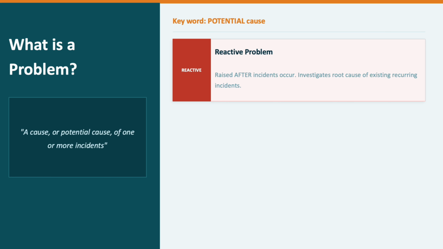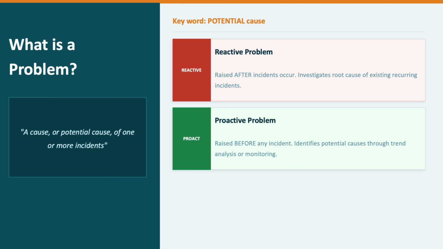It happens once the ticket has come in, multiple tickets have been seen, and afterwards the team investigates deeply, identifies the cause of those incidents and resolves it. Then comes the proactive problem. This is one of the best ways. If you can do it proactively, it is nice. It is raised before any incidents come in, and identifies potential causes through trend analysis or monitoring.